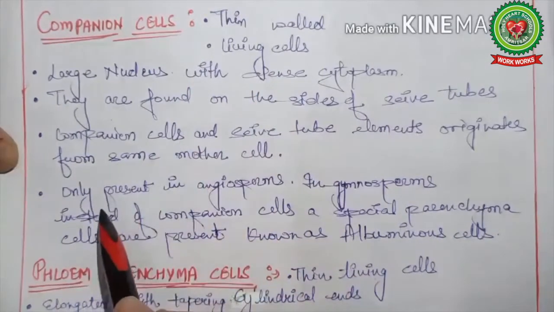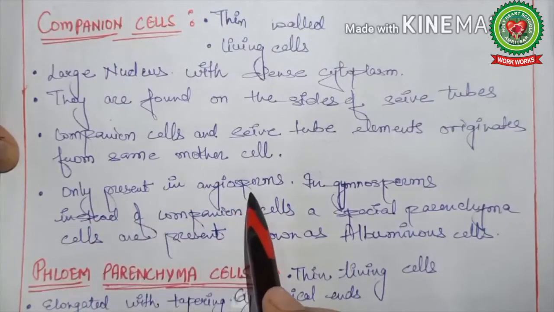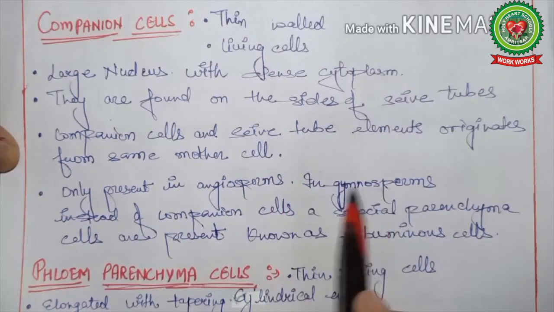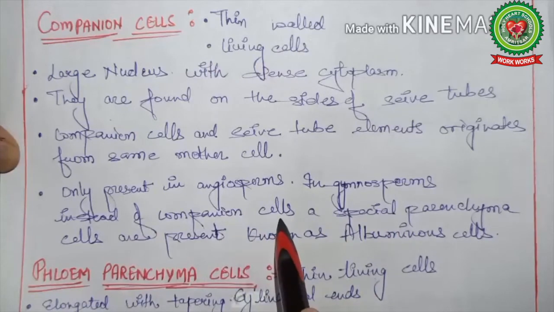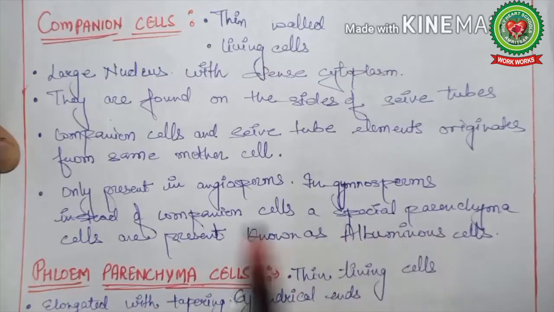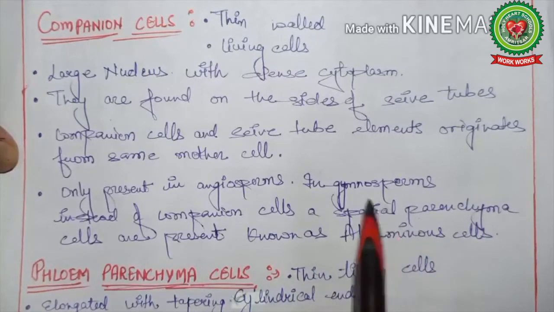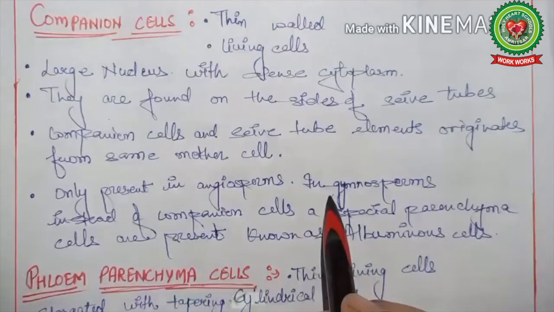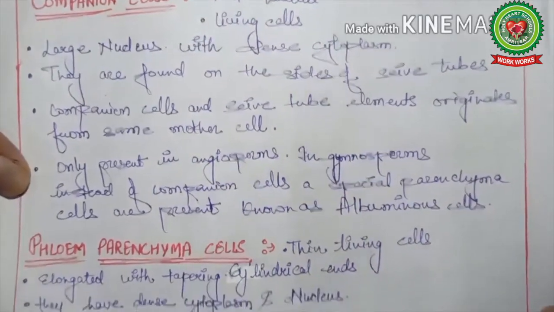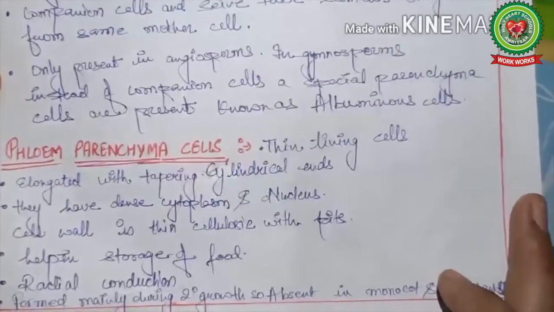So here we discuss they are only present in case of angiosperms. In gymnosperms, instead of companion cells, special parenchyma cells are present that are known as albuminous cells, which are having basically same function. Now the next element of phloem is phloem parenchyma.